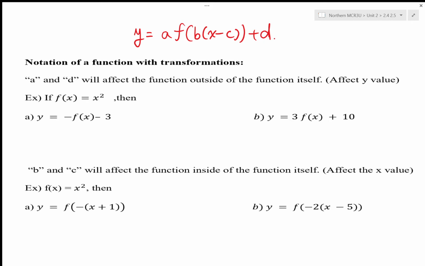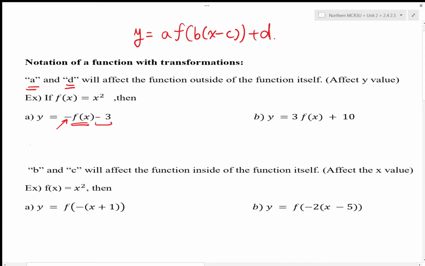So in this case, we need to know how to write the function notation. We are going to deal with a and d, which are outside of the function, okay? Now, assuming that our function is x squared. So here we have f of x going through the negative in the front and -3 outside.